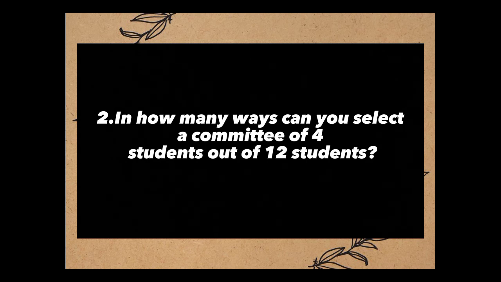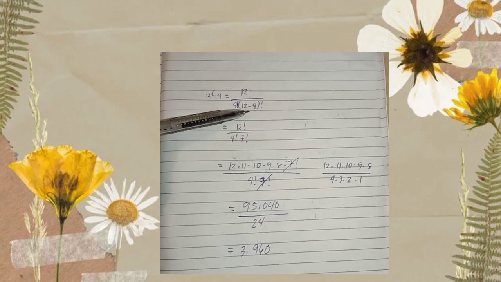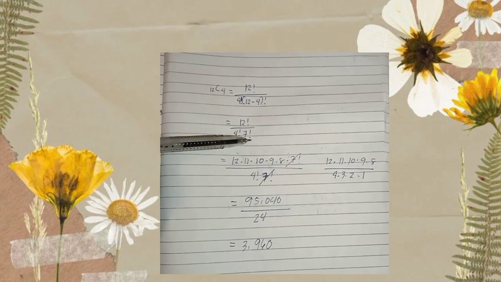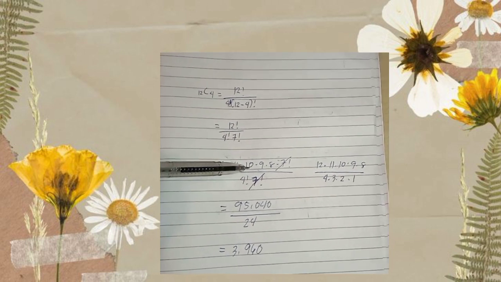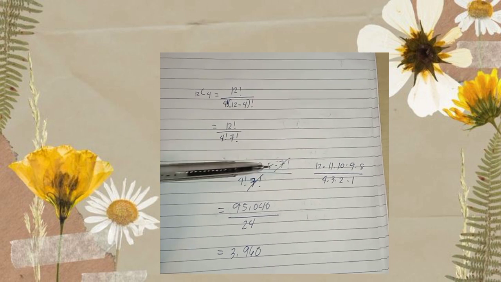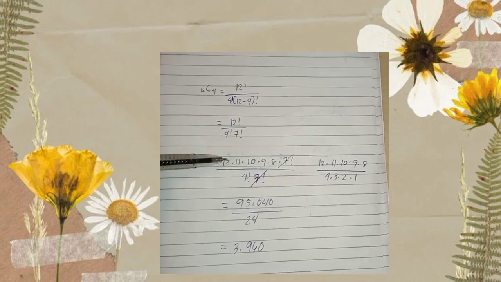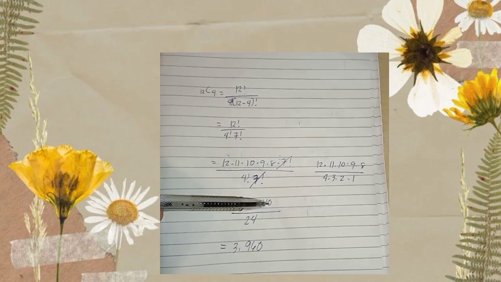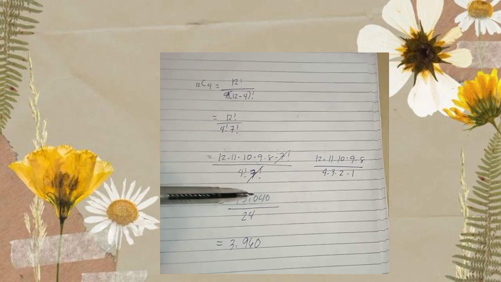In how many ways can you select a committee of 4 students out of 12 students? 12C4 equals 12 factorial over 4 factorial and 12 minus 4 factorial, equals 12 factorial over 4 factorial and 8 factorial, equals 12 times 11 times 10 times 9 times 8 factorial over 4 factorial and 8 factorial. Then eliminate 8 factorial and 8 factorial. Then 12 times 11 times 10 times 9 is equal to 11,880. Then 4 times 3 times 2 times 1 is equal to 24.